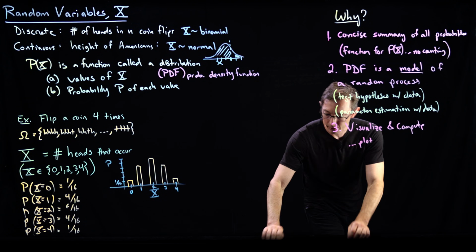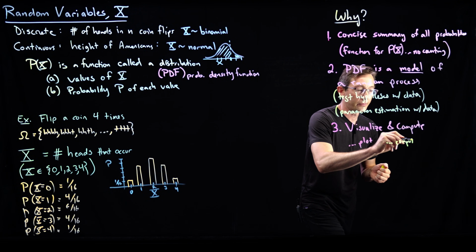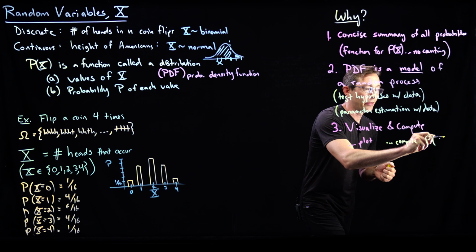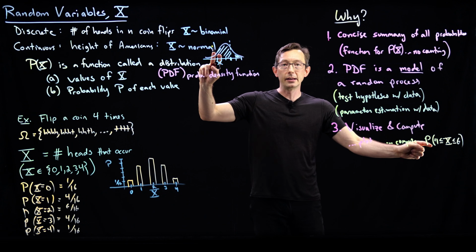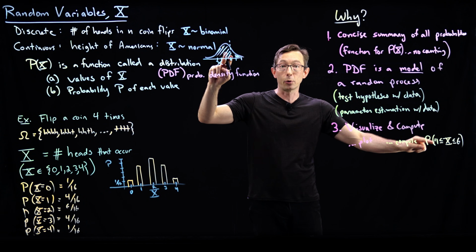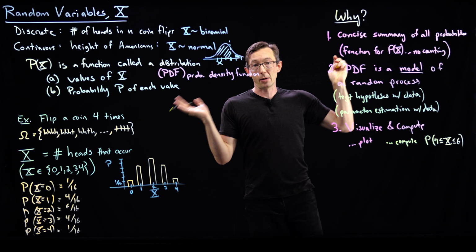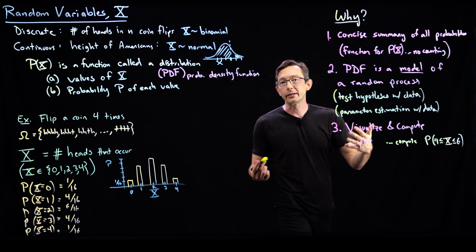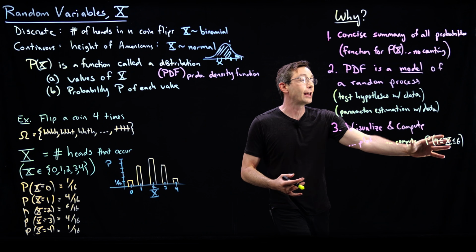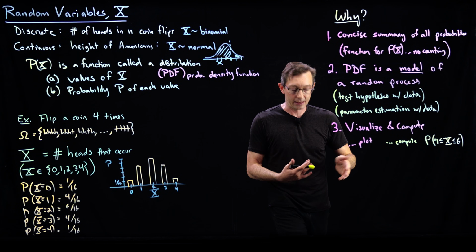We can compute things like the probability that x is less than 6 and greater than 4. Let's say, what's the probability that a random person is greater than 4 feet and less than 6 feet? This is something you can compute once you have this probability distribution. I can compute how unlikely is event X. How unlikely is it that I am greater than 7 feet tall? All kinds of things like that.